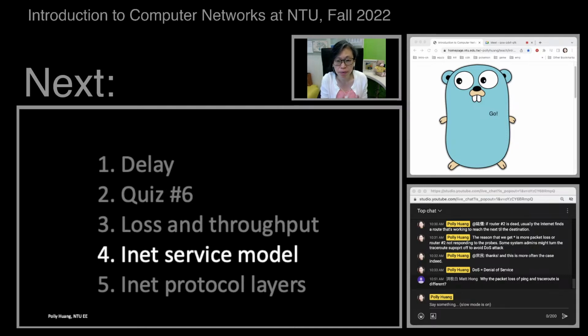All right, so there was a question from Matt asking why the packet loss of ping and traceroute are different. Good question. If you recall, traceroute does this: 3 probes to the first router, 3 probes to the second router, 3 probes to the third router.